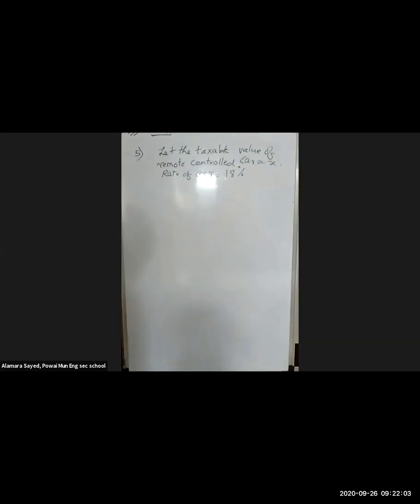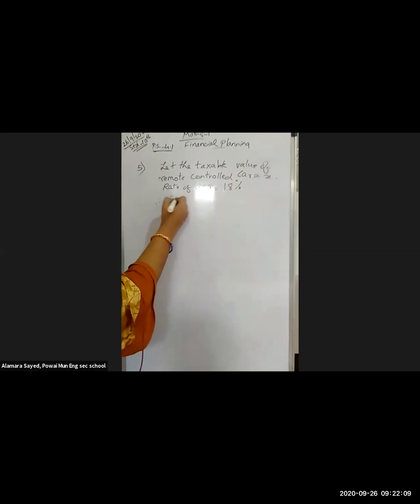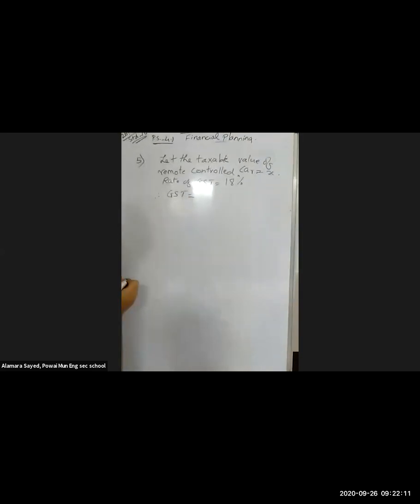Then the rate of GST is given as 18%. Therefore GST is equal to X into 18%, as we don't know the value of the taxable amount.